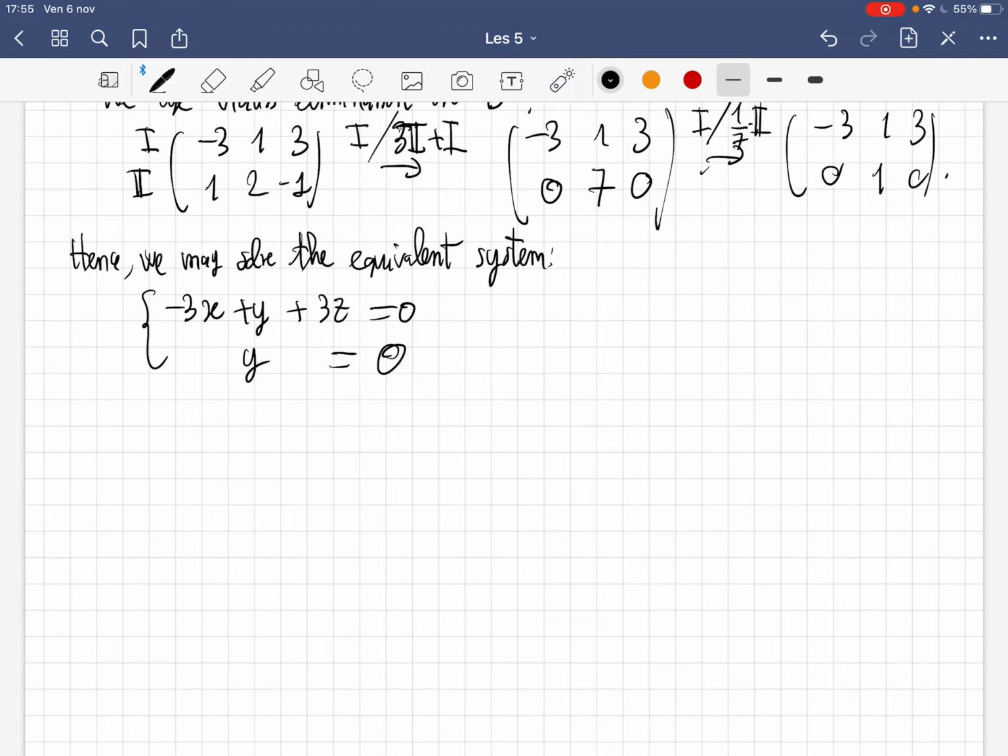Very good. So which means, well, let's say that x equal to this and y equal to 0.